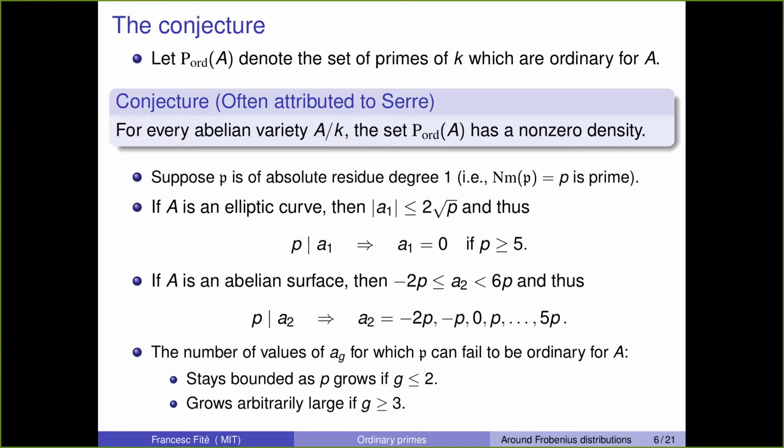We of course still expect that the set of ordinary primes has a positive density, but it is no longer true that the number of possible values which the central coefficient of the characteristic polynomial of Frobenius can attain if P fails to be ordinary stays bounded as P grows.